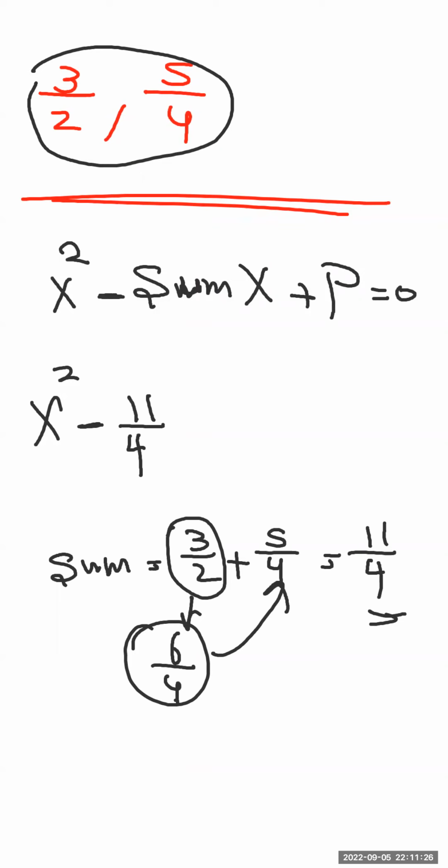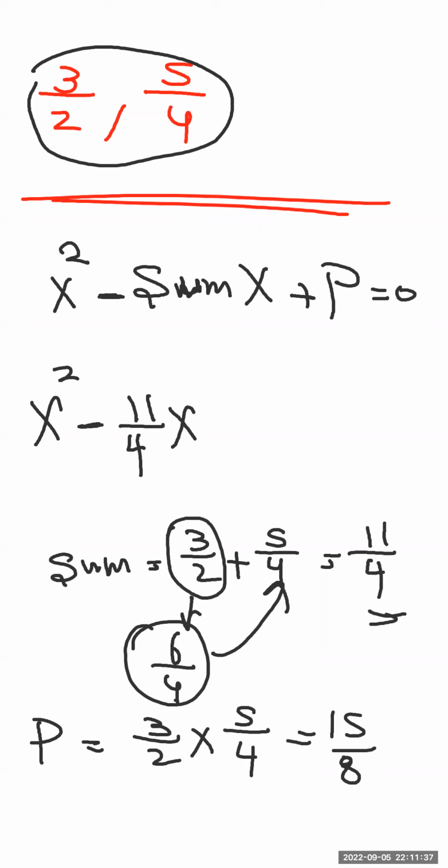Product x, product equals 3 over 2 times 5 over 4. So it will equal 15 over 8. Then plus 15 over 8 equals 0. Okay, now there are fractions as coefficients in this equation.